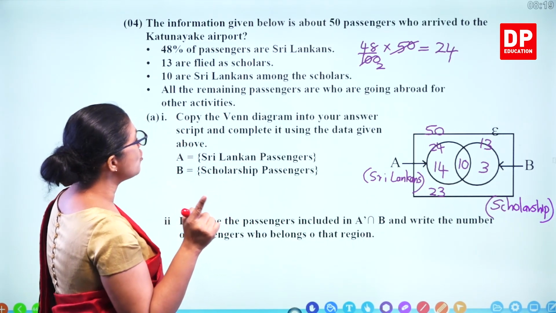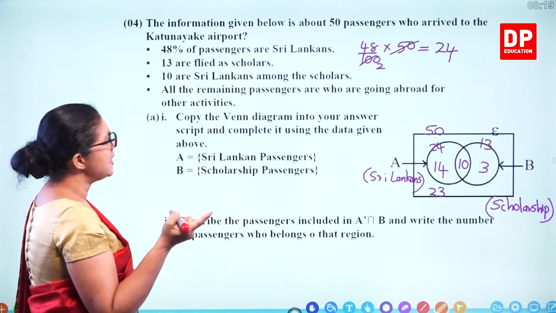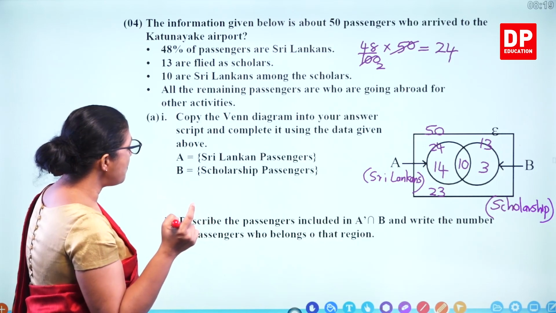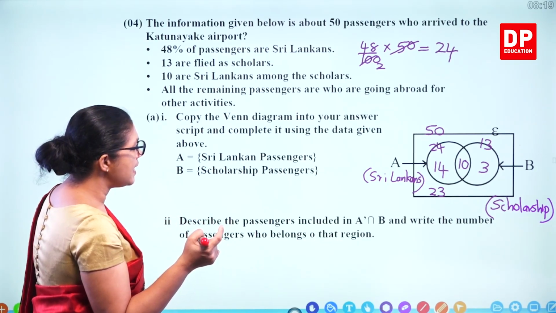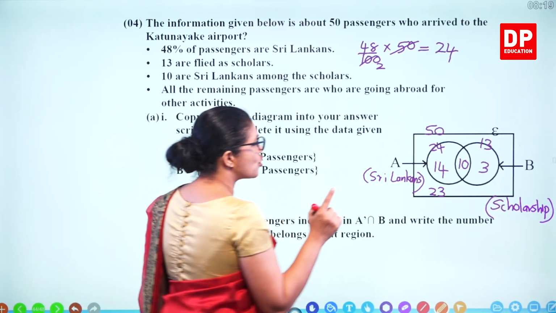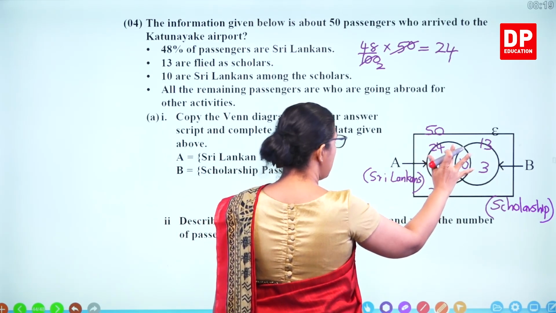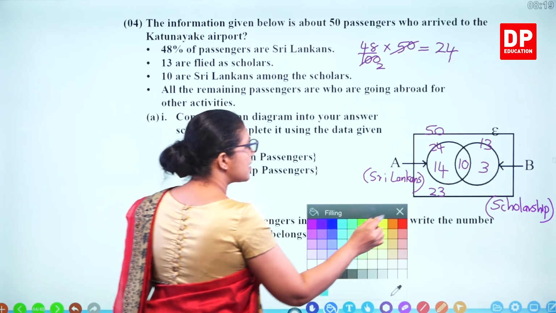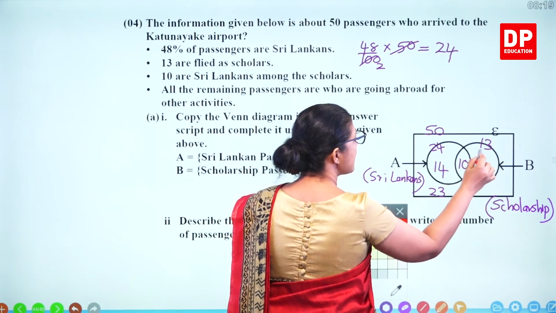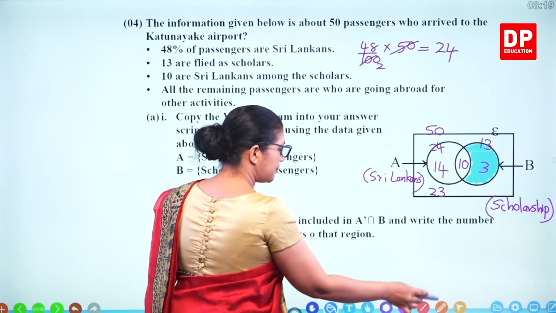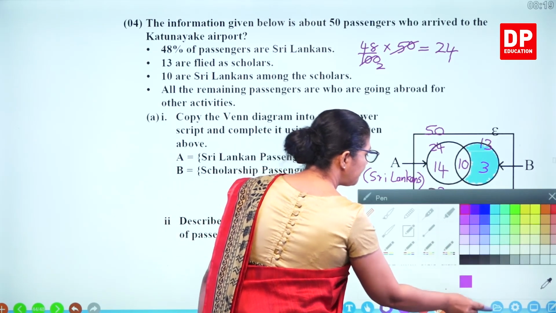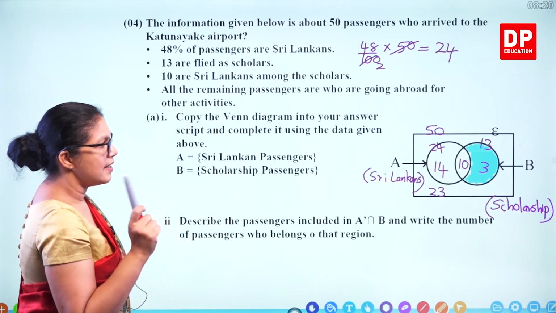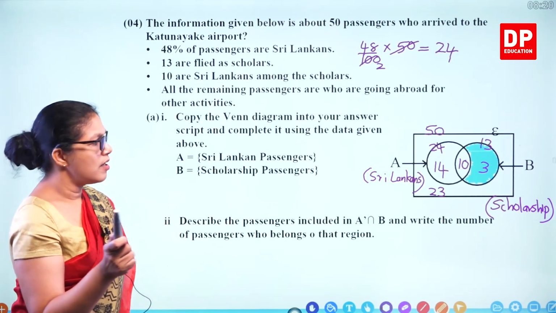Copy the Venn diagram into your answer script and complete it using the data given above. Describe the passengers included in A dash intersection B. So what's the part? A dash intersection B means this part. What's that? Not Sri Lankans and those who are scholars.